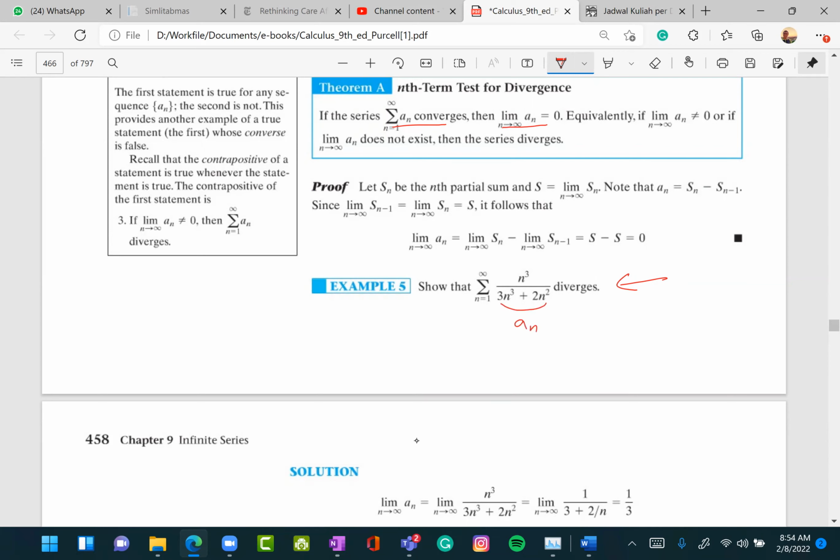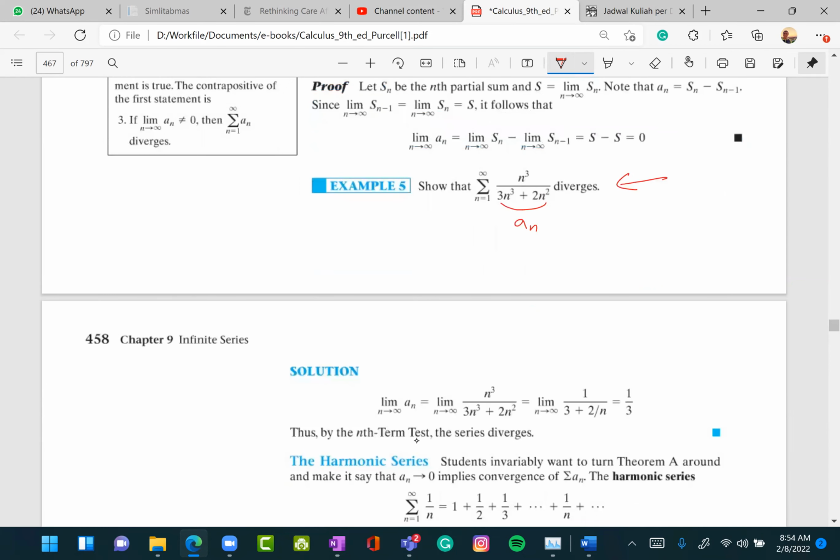And if you compute the limit of an, you see this is just 1/3, and this is non-zero. So by the nth term test, this should diverge. Okay.